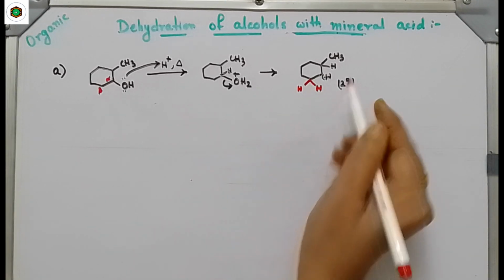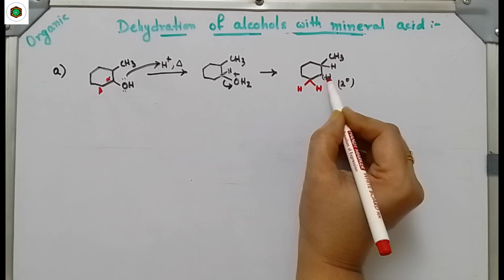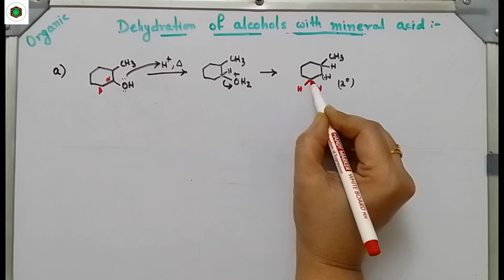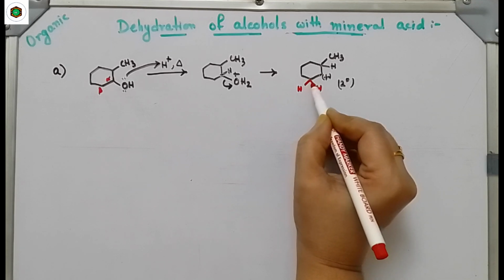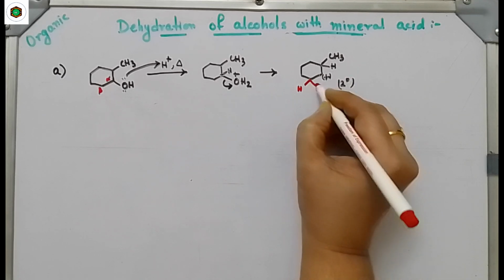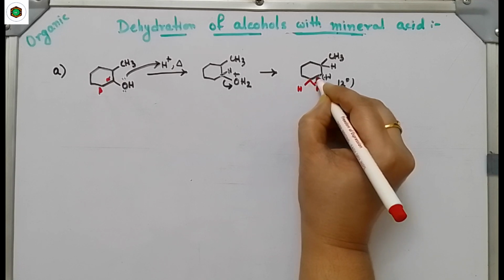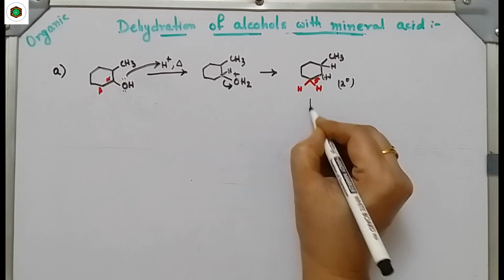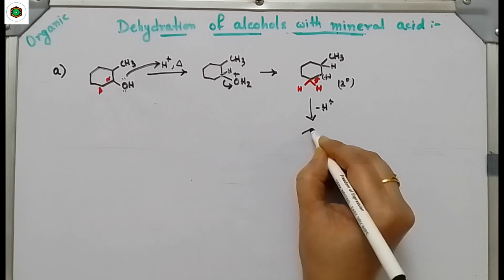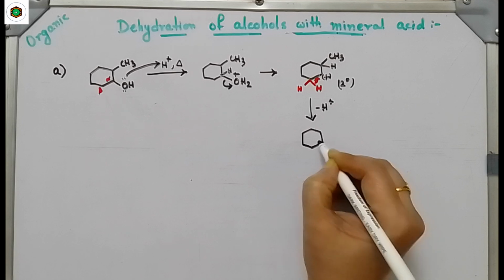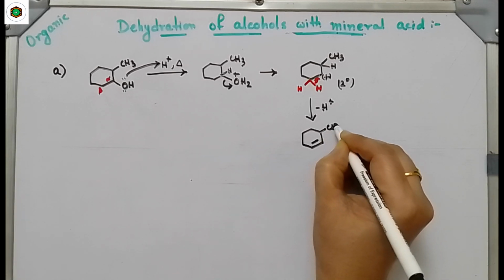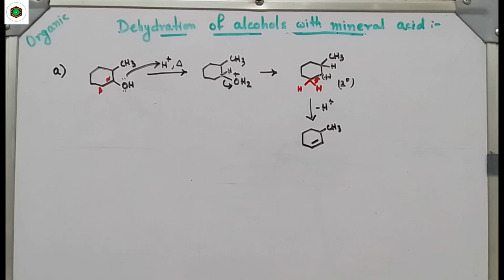What is the main trick? Where there is positive charge, adjacent to that positive charge, if any carbon atom is there where one hydrogen atom is also attached, that hydrogen atom can go. So this beta hydrogen can go by removal of H plus, and we will get here a double bond, here CH3, this alkene.